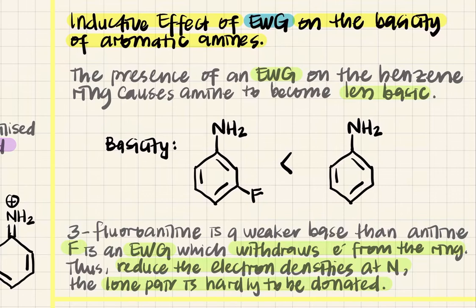Okay, pull electron daripada awak punya nitrogen ni, kan? Awak ada electron kan, electron density. So when you have an electron withdrawing group, it will pull the electron density towards itself. That means that this nitrogen, okay, that will reduce the electron density on your nitrogen. So this lone pair is hardly being donated. Susah lah nak donate lone pair tu.